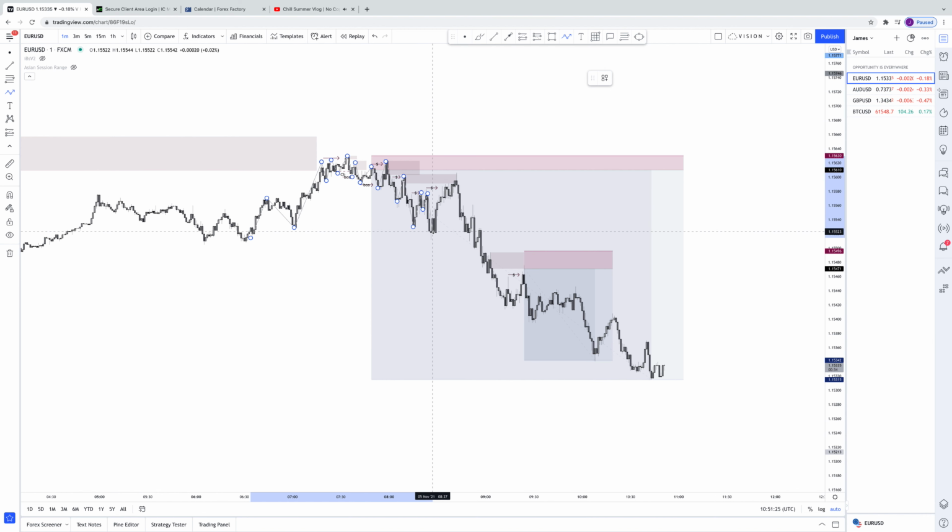Have some equal highs, push down. What's price doing here? Liquidating. Boom. Low, and now momentum kicks in. Okay, inducement. Okay, so you get the picture.